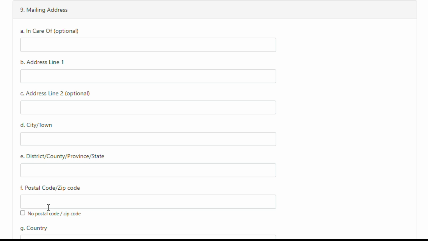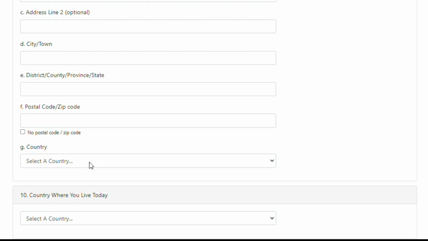You insert the name of your town or village and then search for the postal code. So you'll get the postal code or the zip code of that town. But if you search that way and you don't get it, you can check this box, no postal code. And then you put your country here.